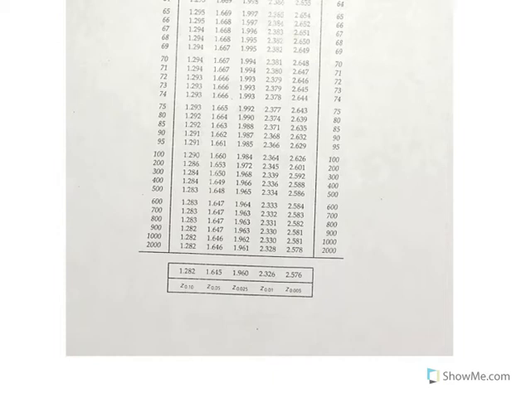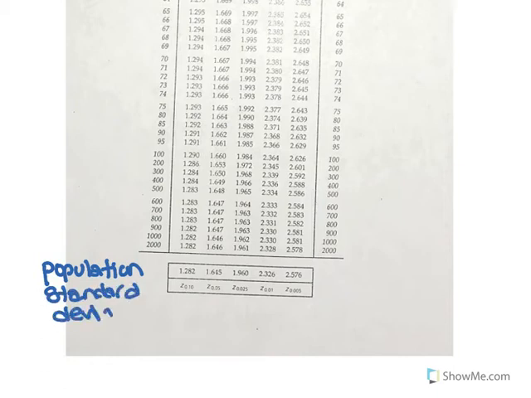And there's a little box at the very end of the big chart. That little box, I need you to label it as population standard deviation is known. Okay? Population standard deviation is known. And that's going to go with this little box.